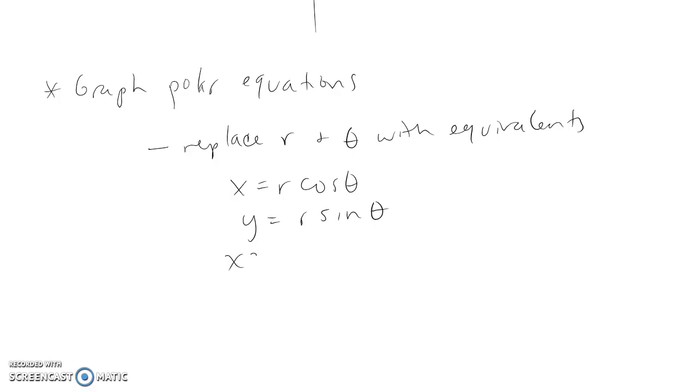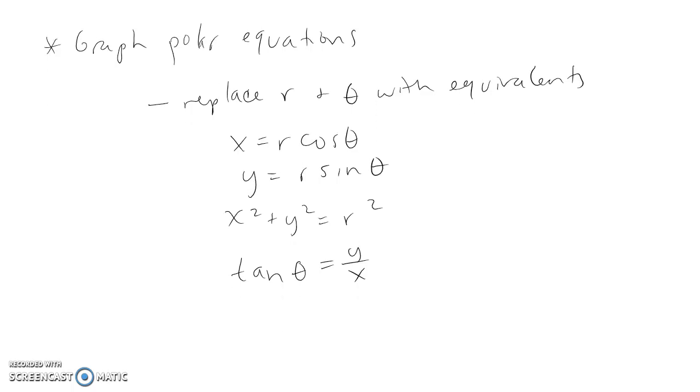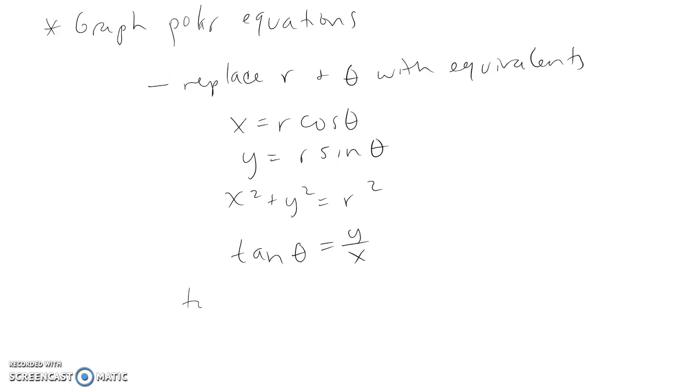And also x squared plus y squared equals r squared. And every once in a while, tangent theta equals y over x, although it's not as useful unless you're trying to get to polar coordinates from rectangular and you know y over x and they're somehow in a good ratio to each other.